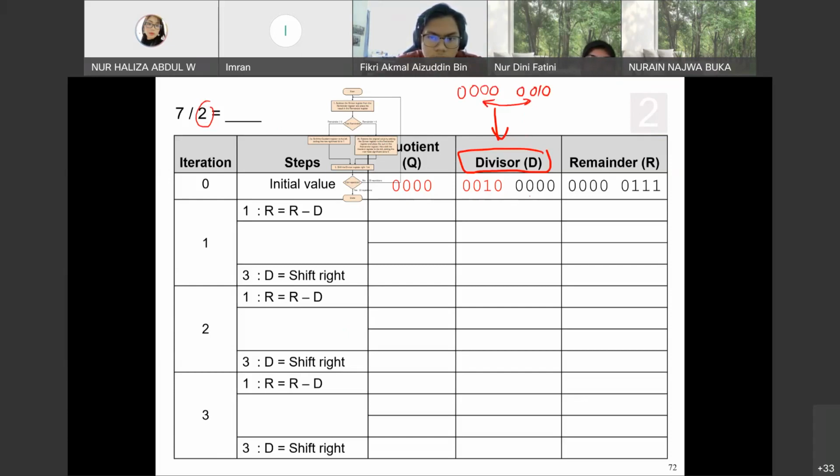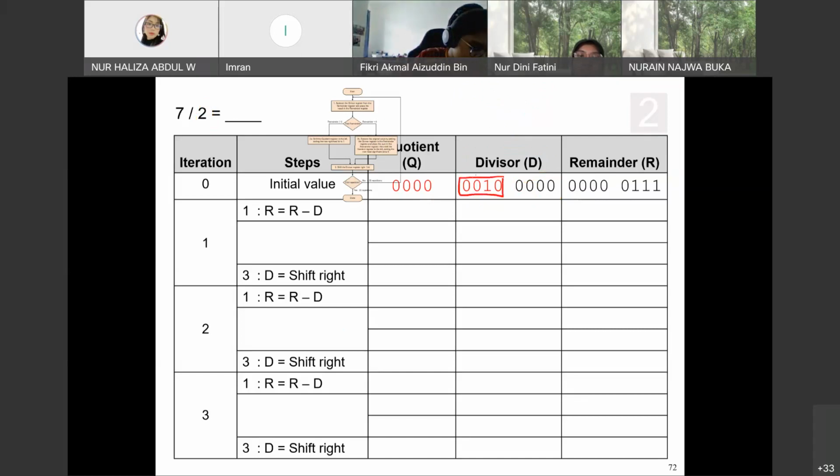Okay, you can see here. You need to place this at the right and this at the left. This one is important for you, okay? You need to put it here. This is your divisor.